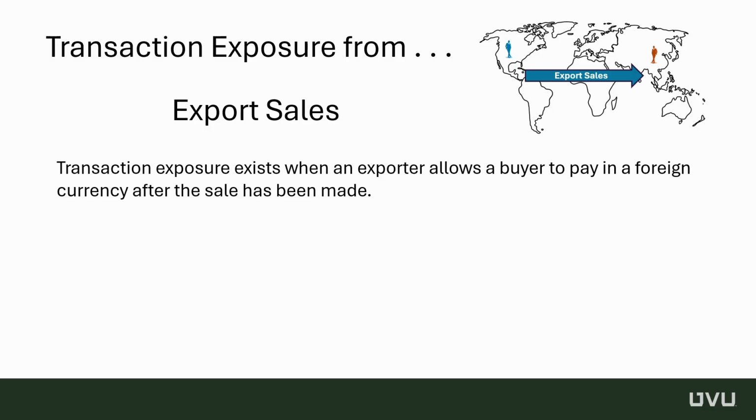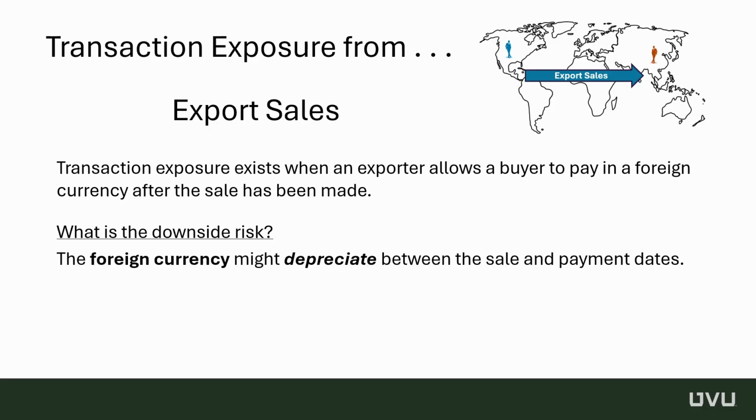And if that's the situation we're dealing with, I want you to think to yourself, what is the potential downside risk? Obviously, it's changes in exchange rates, but what do we worry about when we're going to receive a foreign currency in the future? Specifically, the downside risk is that the foreign currency might depreciate or decline in value between the date of the sale and the date we receive payment.